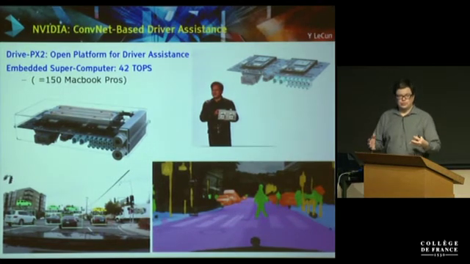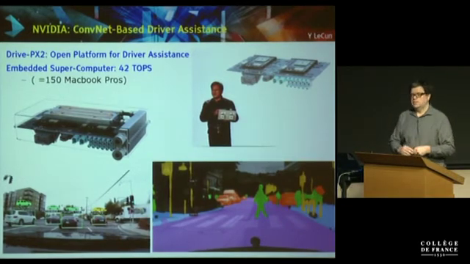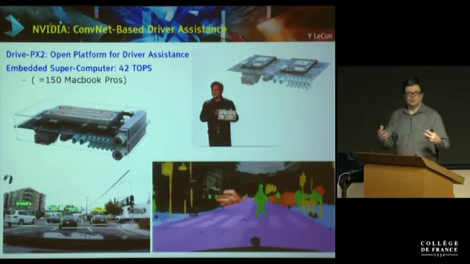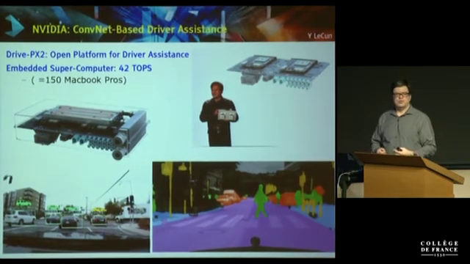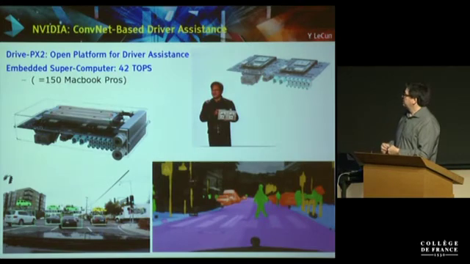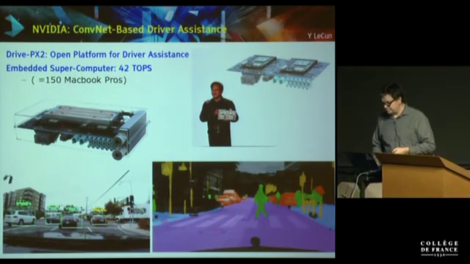It's an open platform. This is proposed as a platform for engineers and developers, car makers, to build their own systems that have convolutional network tools with libraries so that they can be implemented rapidly.